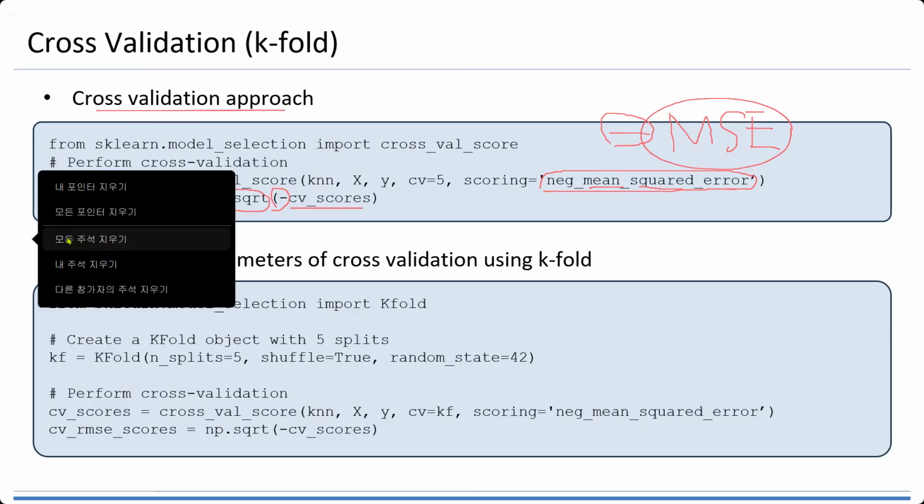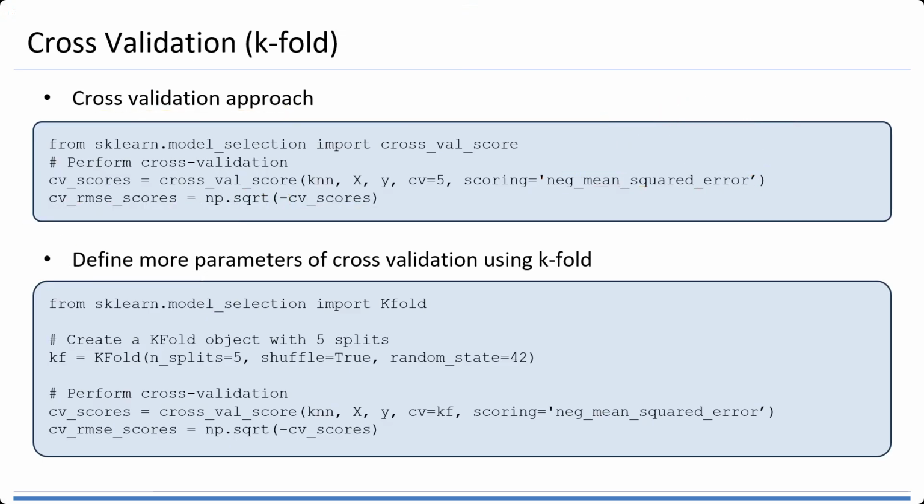If you want to define more parameters, you can use the KFold. So in sklearn, we have the KFold. The KFold means we will specify how many splits you want. For example, I specify kf, which is the object of the KFold from this model, and I'm going to split 5 times.